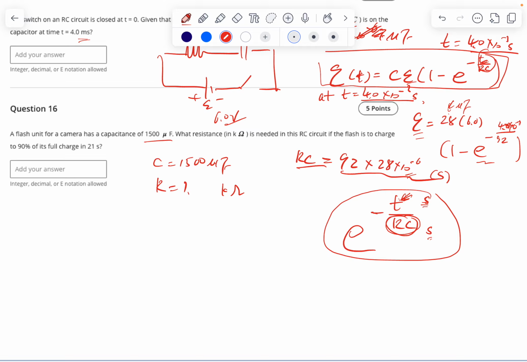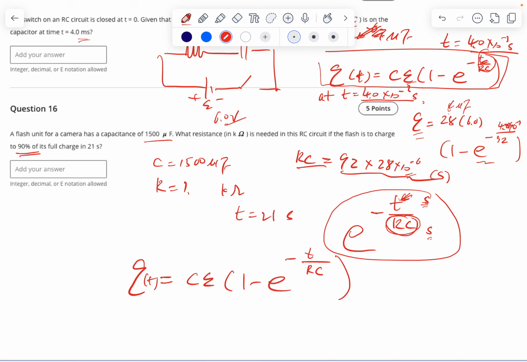Okay, so what we know here is time equals 21 seconds, right? So for Q, use this equation: Q equals C epsilon times 1 minus e to the negative time over RC.